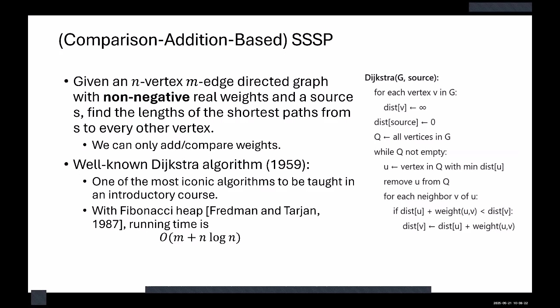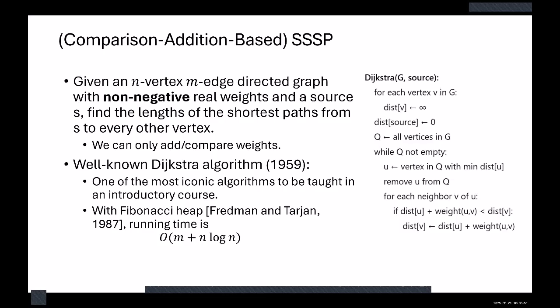For this kind of problem, there's the well-known Dijkstra algorithm, which was known a very long time ago. It's probably one of the most iconic algorithms taught in the introductory course, so I believe everybody here is very familiar with it. Essentially, you keep looking for the vertex with the minimum distance, extend it to the neighbors, update the distances, and keep doing it until all the distances have been computed.